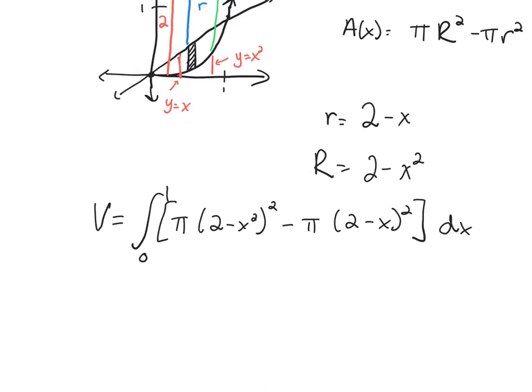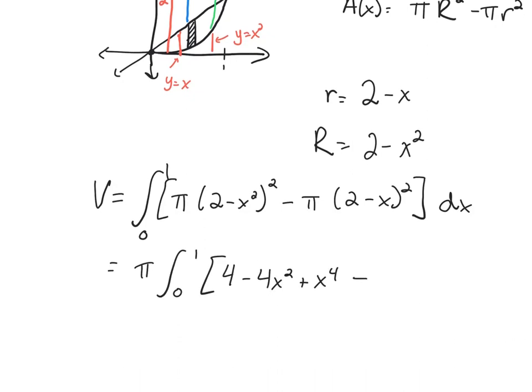Okay. Pull out the pi out of both terms. And then let's square the first: 2 minus x squared, squared, is 4 minus 4x squared plus x to the 4th. Minus, and then square 2 minus x: 4 minus 4x plus x squared.